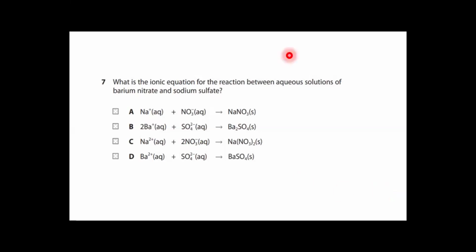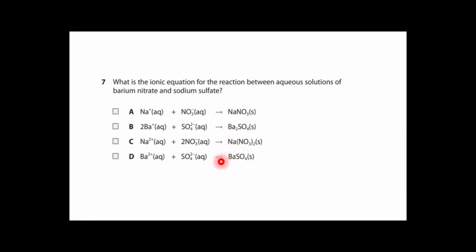Finished? Right. So what is the answer for that? What is the ionic equation for the reaction between aqueous solutions of barium nitrate and sodium sulfate? Here there is the formation of barium sulfate. So what is the equation?